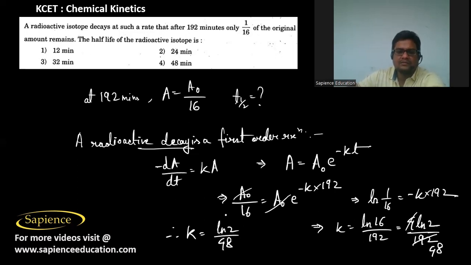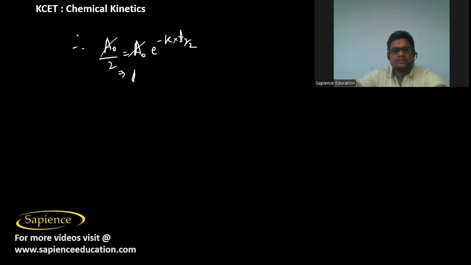Now for half-life, we can say that A naught by 2 is equal to A naught e power minus K into T half. A naught will cancel. Therefore K is equal to ln 2 by T half.